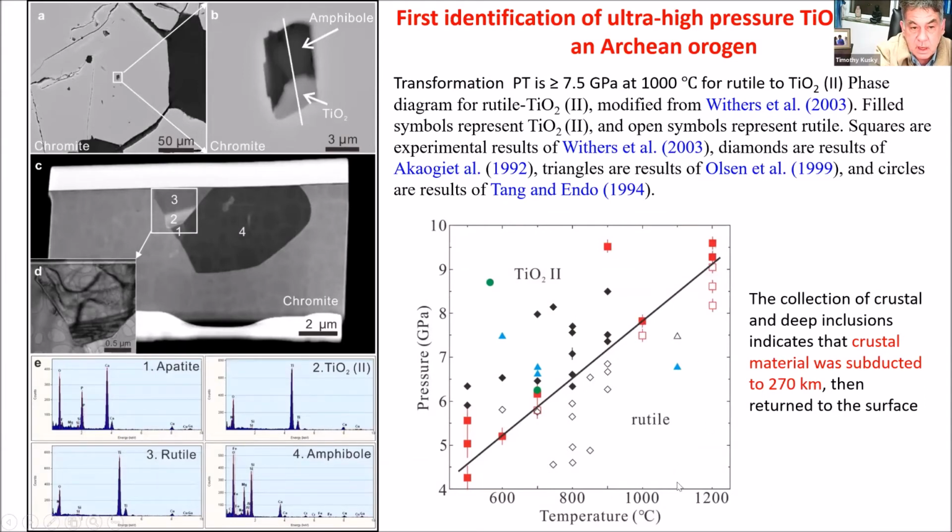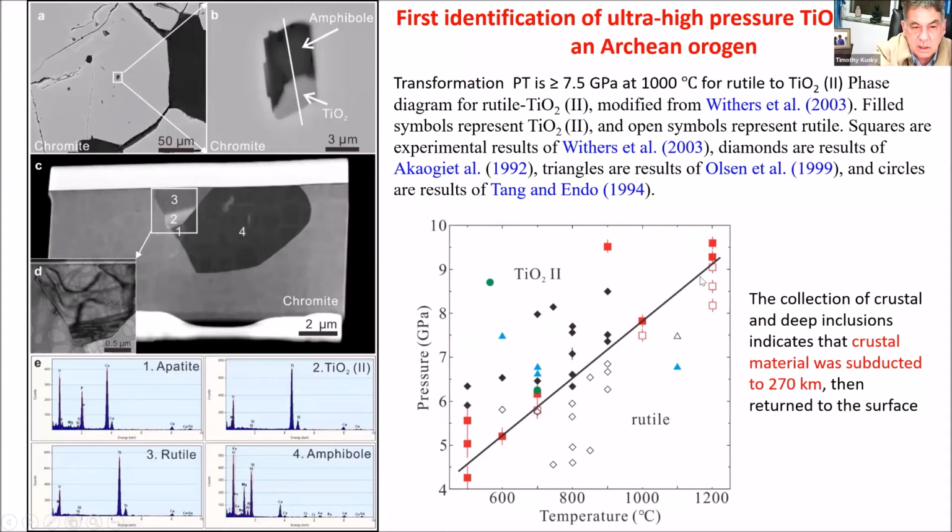And we have apatite. I didn't talk too much about this, but apatite will convert to its ultra high pressure phase, called tuite, when it's over 1,200 degrees and over 9 gigapascals. So from these relationships, where apatite is not tuite but rutile is now TiO2 II, we're somewhere between 7.5 and 9 gigapascals using the phase diagrams.